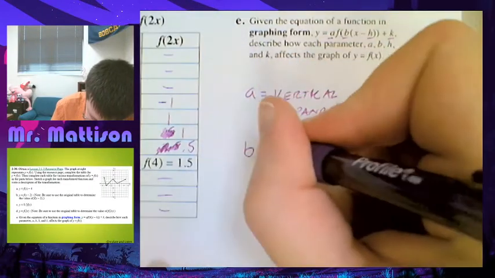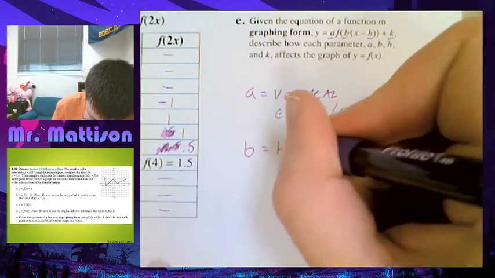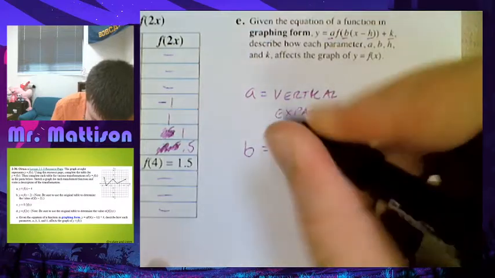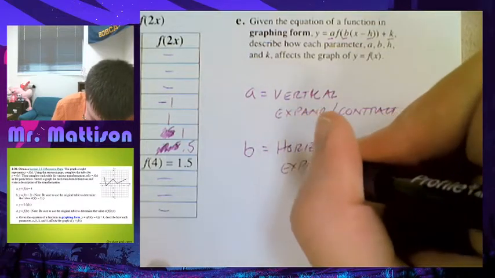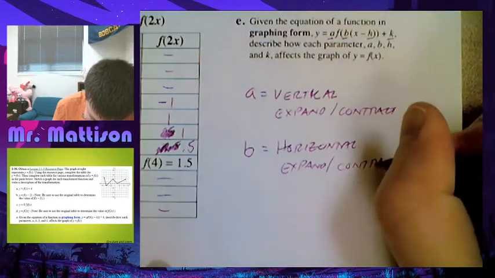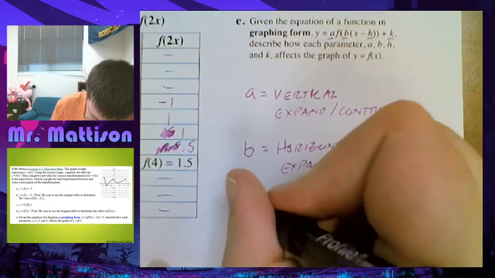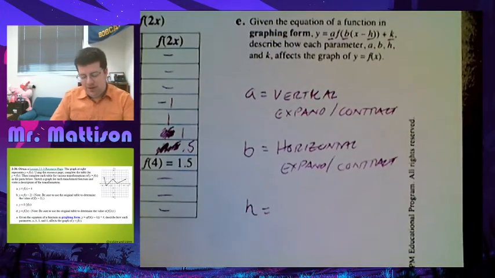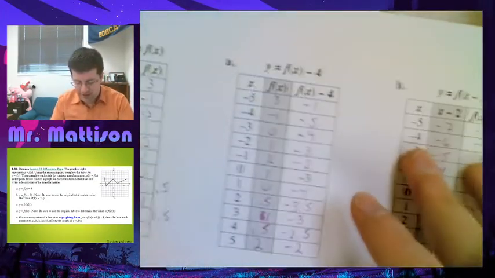Our B, that caused horizontal expansion or contraction. H, so that was the stuff that we added on the inner or the outer parts. That was like we had here. H was here, which caused us to do a left-right shift.